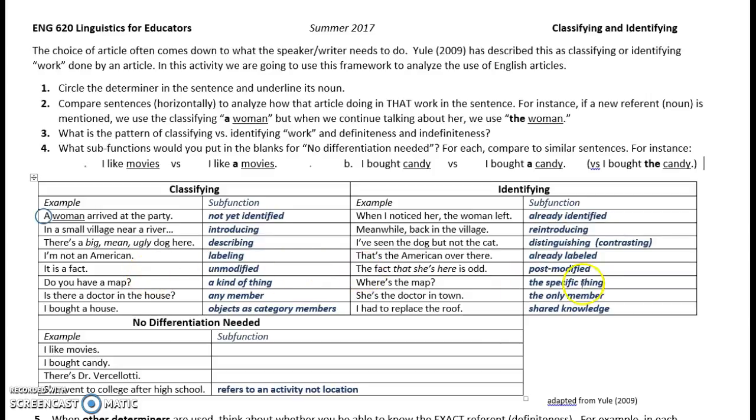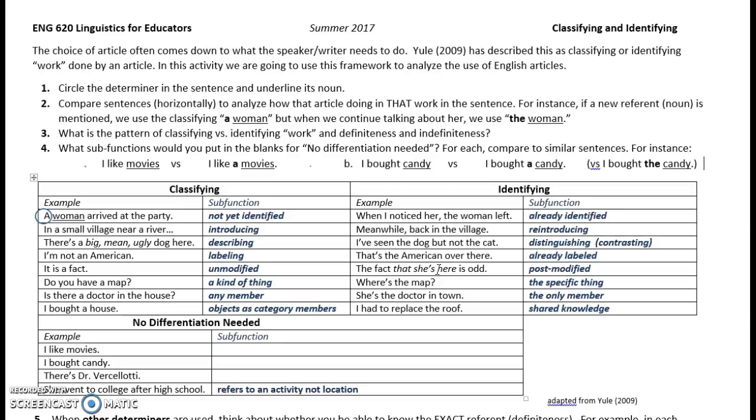But if you have a noun phrase that's post-modified, meaning it's modified after the noun, the fact that she's here is fine. Instead of a fact, it becomes the fact, because that she's here is really identifying which fact we mean. And the fact that it's post-modified helps us realize that subfunction of why the article is doing identifying work.